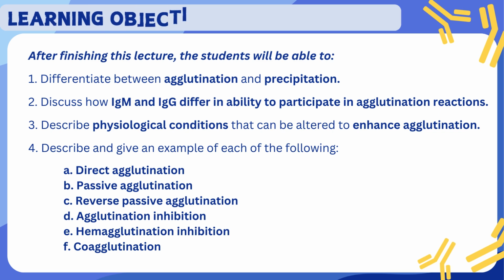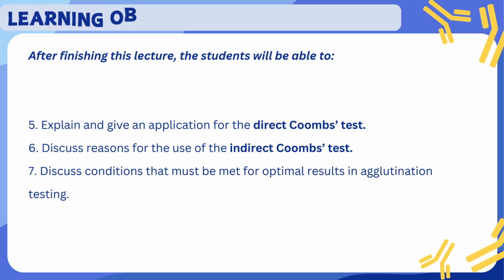And for the learning objectives on agglutination, the student should be able to differentiate between agglutination and precipitation, discuss how IgG or IgM differ in their ability to participate in agglutination reactions, describe physiological conditions that can be altered to enhance agglutination, and fourth, describe and give an example of each of the following types of agglutination: direct, passive or reverse passive agglutination, agglutination inhibition, hemagglutination inhibition, and co-agglutination.